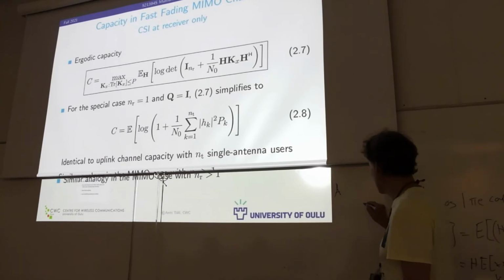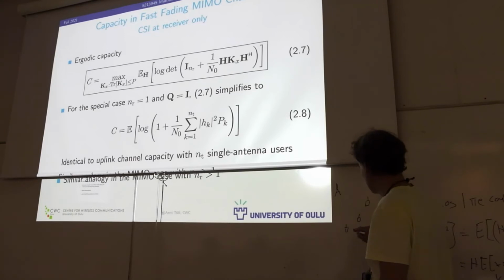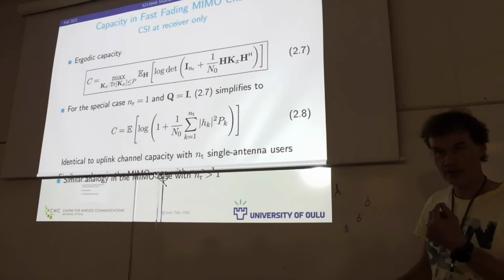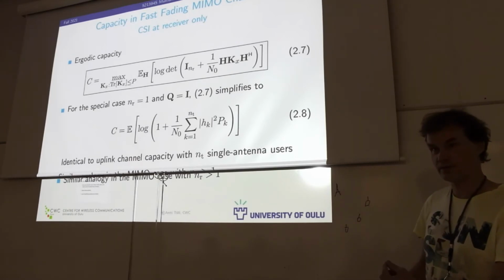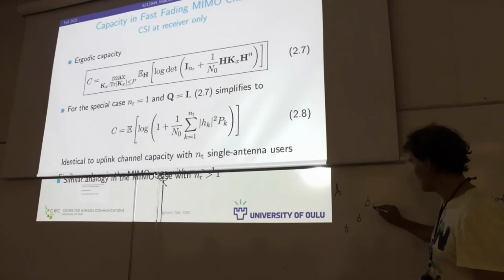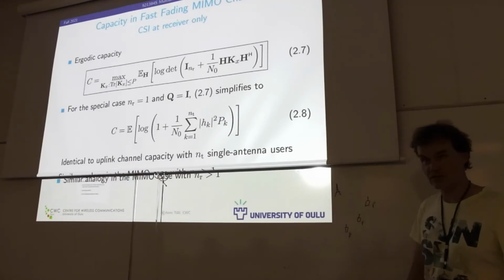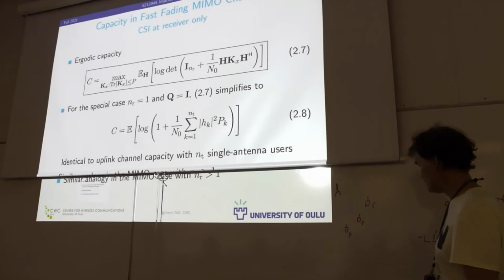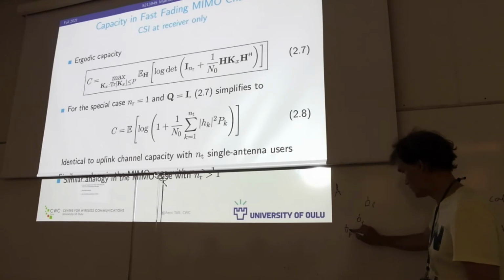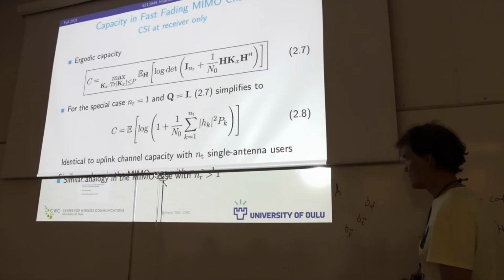So it's the same scenario as having N_T users. We still have an independent power constraint here, and generate independent streams x3, x2, x1.